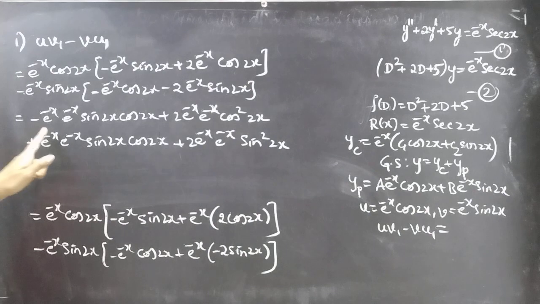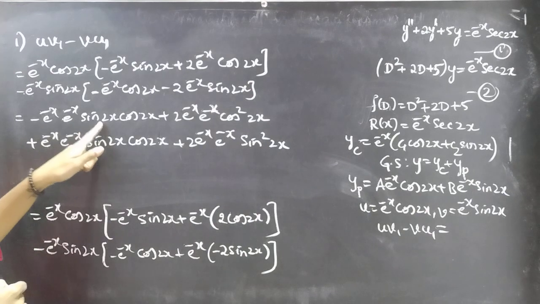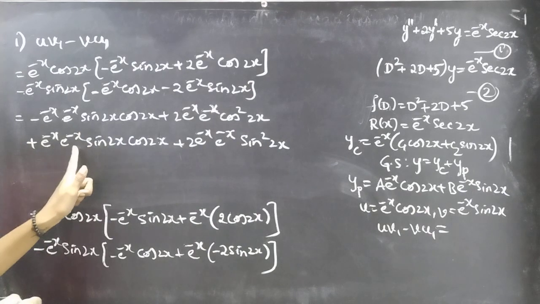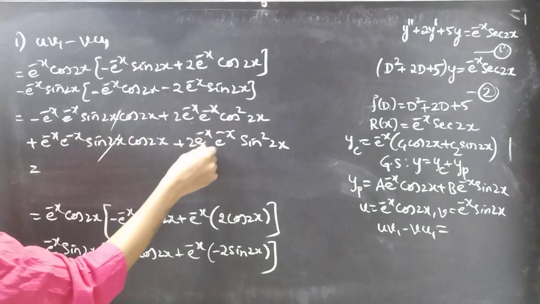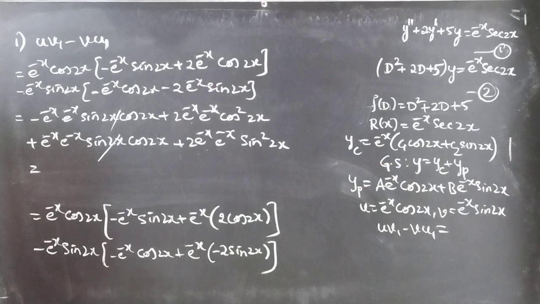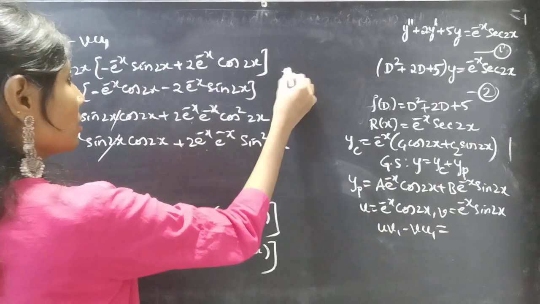So here minus e power minus x sin 2x cos 2x plus e power minus x sin 2x cos 2x gets cancelled.